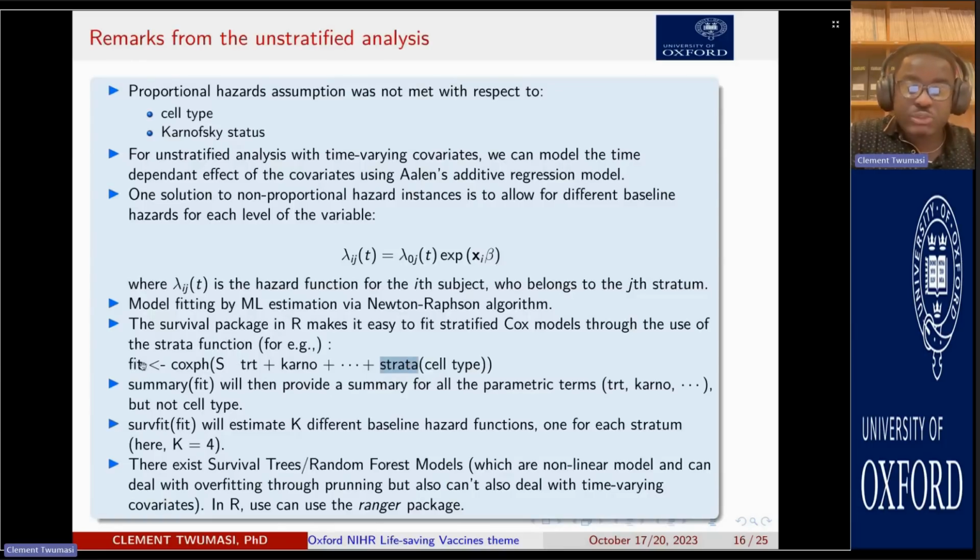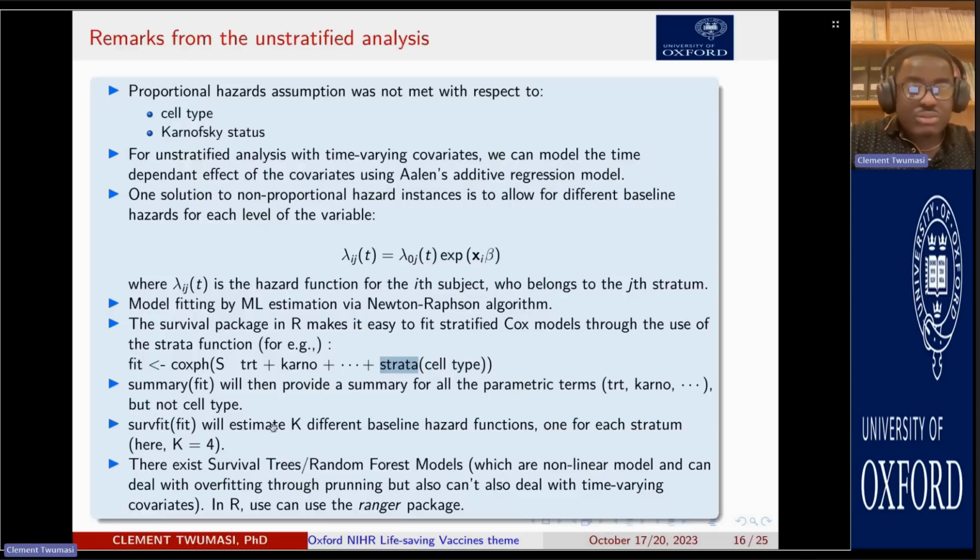So in that case, the model you fitted is a stratified Cox proportional model. And yeah, that is just the simple thing you need to know. So once you summarize the model, if you were even looking at the Kaplan-Meier output, you realize that you now have a different Kaplan-Meier output for each of the levels of the variable that you stratified with respect to.